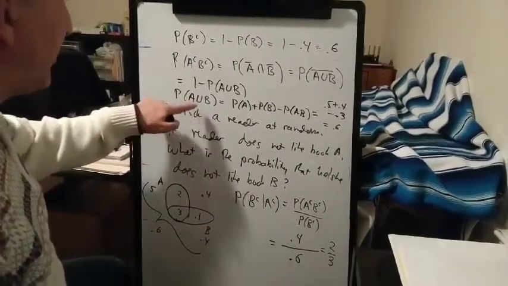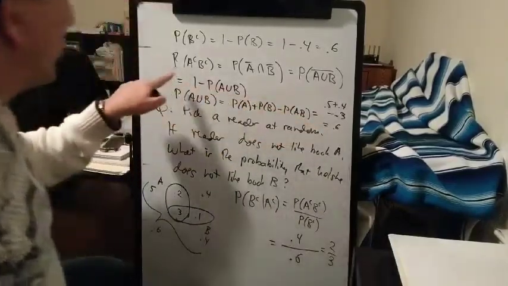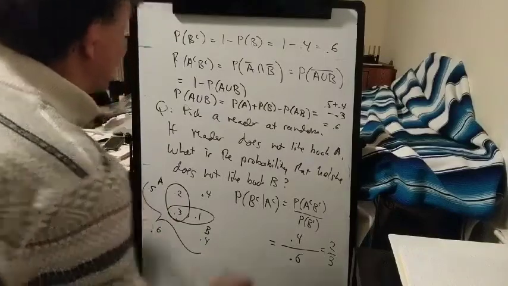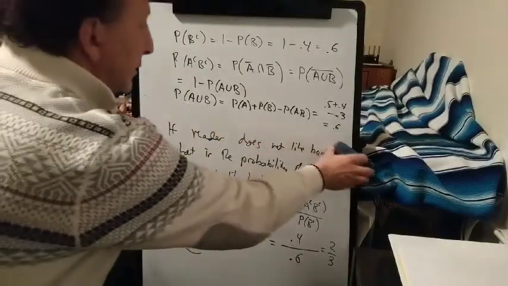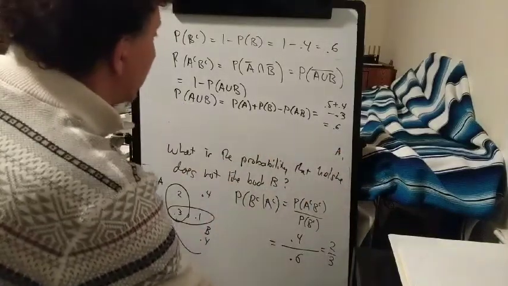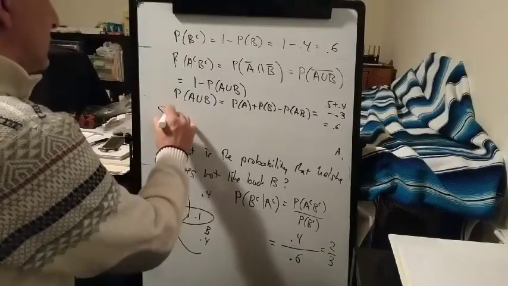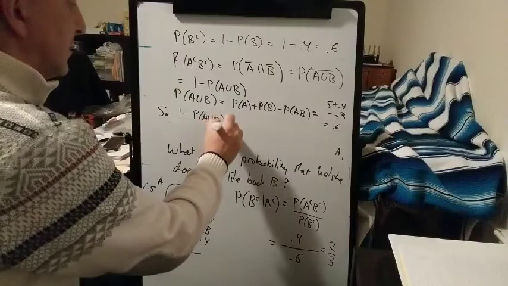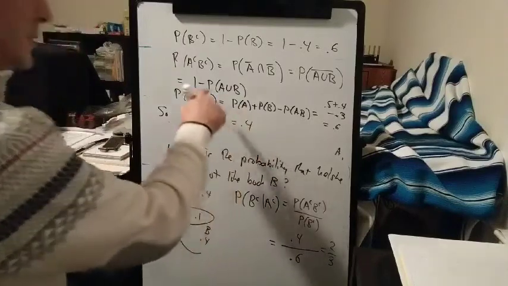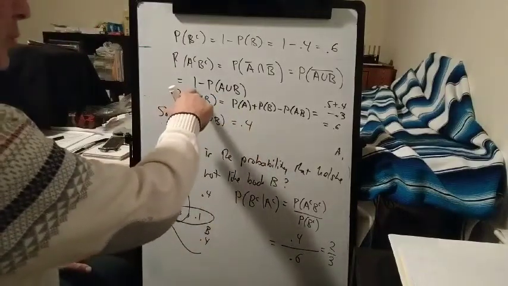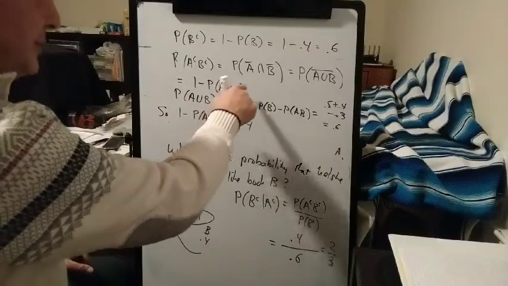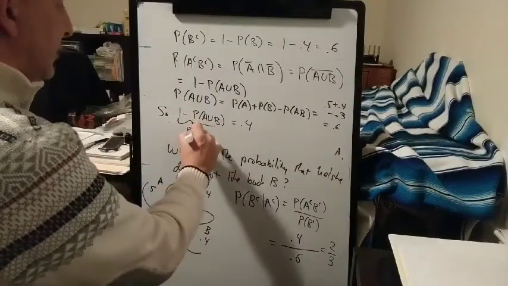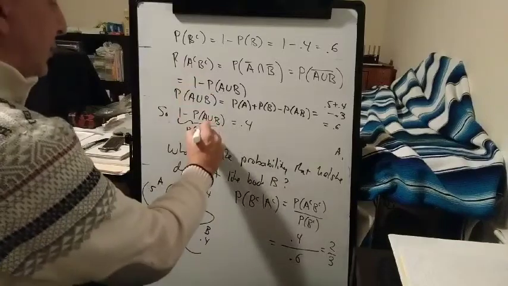Alright, so if probability of A union B is 0.6, then 1 minus the probability of A union B is 1 minus 0.6, which is 0.4. The reason we want this is because that is probability of A complement B complement.